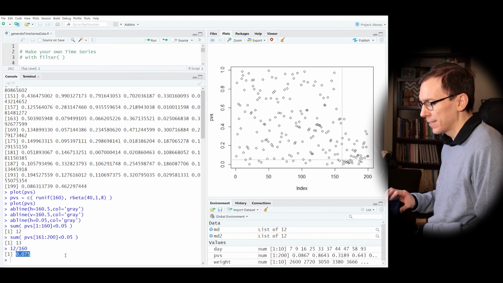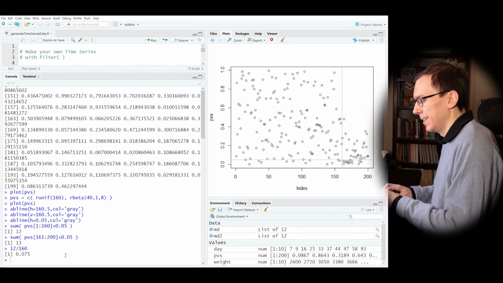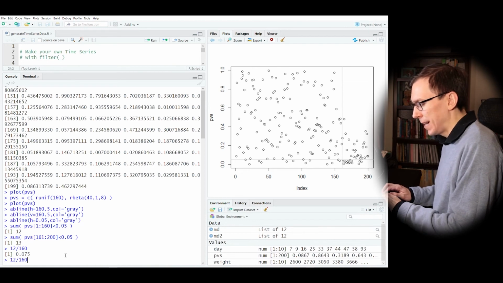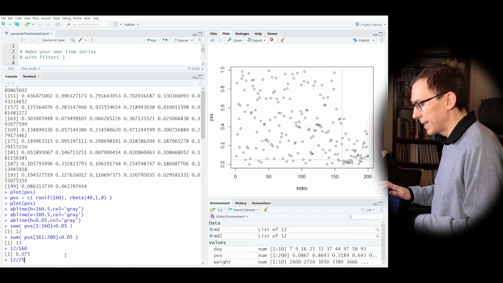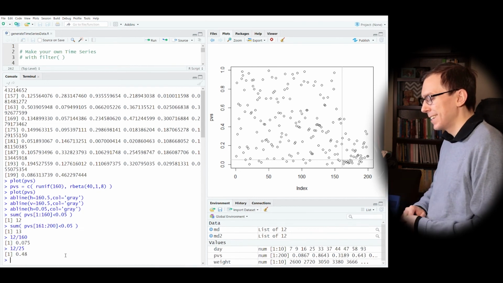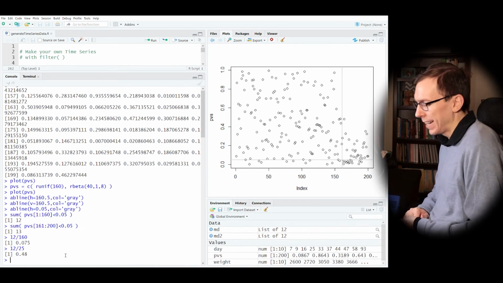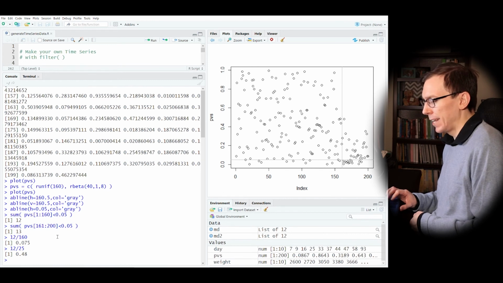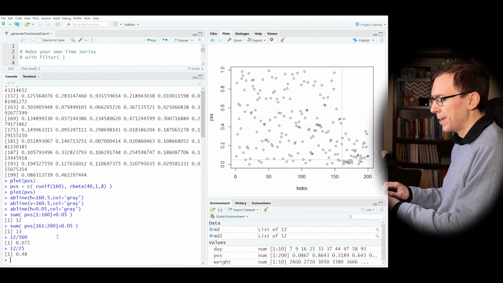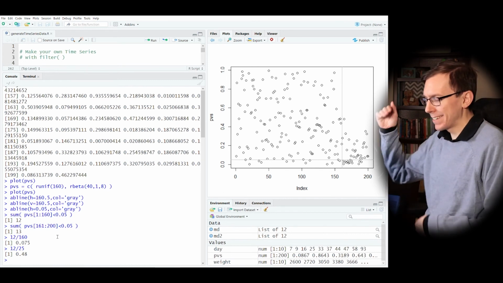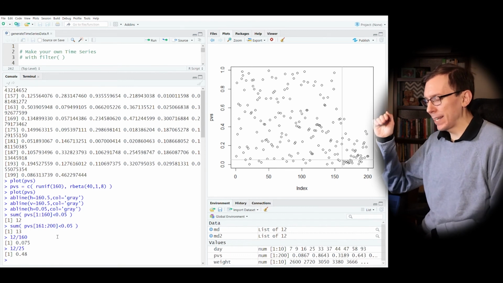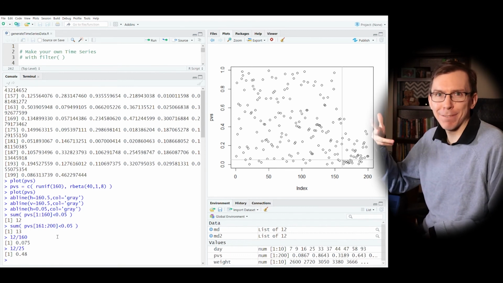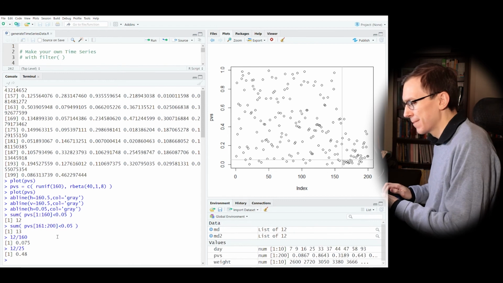I rejected about 7.5% falsely, false positives. Meanwhile, the FDR achieved is actually going to be pretty close to 50%. Because it's going to be 12 divided by 25, because there are 25 p-values that get rejected here, and 12 of them were falsely rejected. So that's telling me that I rejected my 25 p-values, but about half of them were false positives.